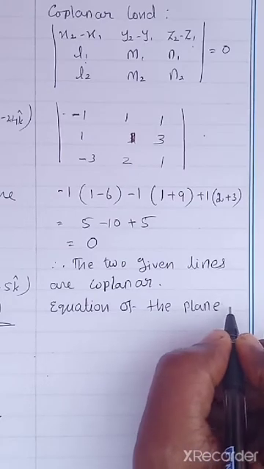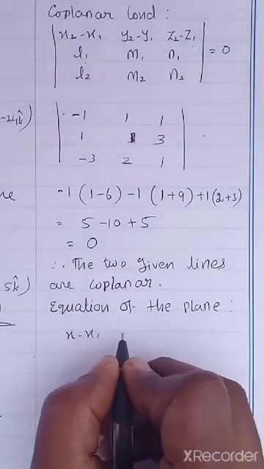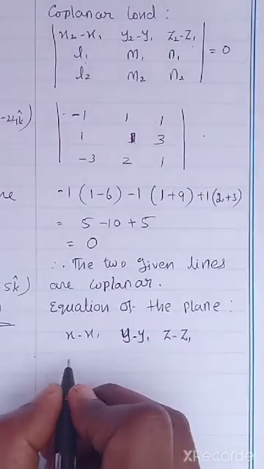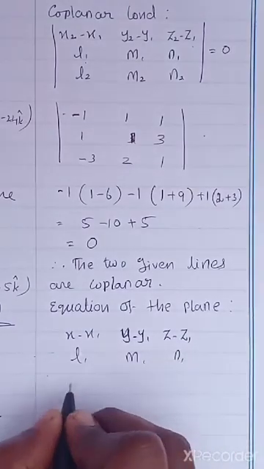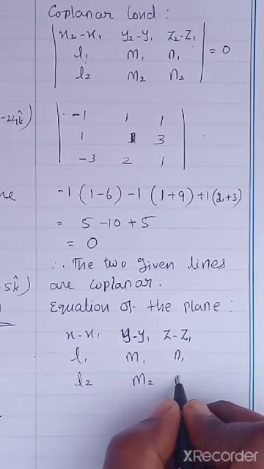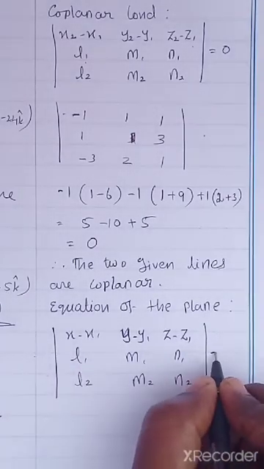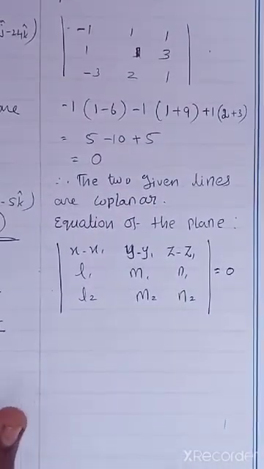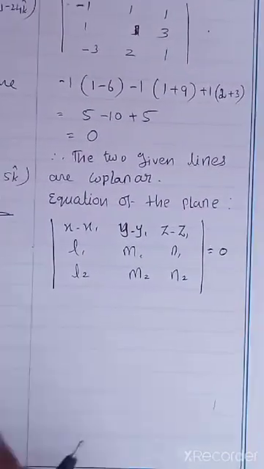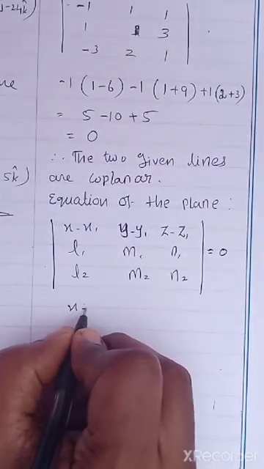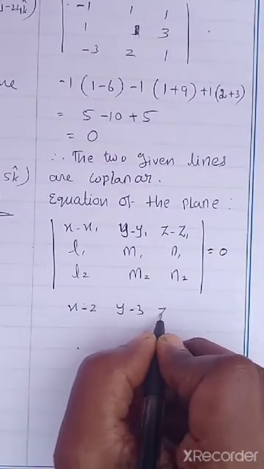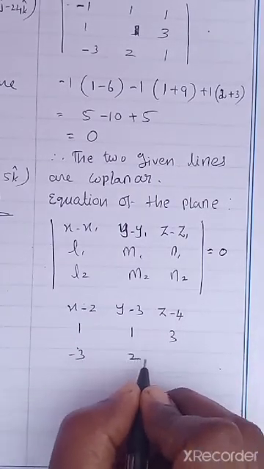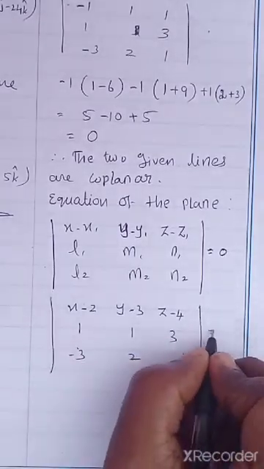The determinant of x minus x1, y minus y1, z minus z1, L1 m1 n1, L2 m2 n2 equals 0. We substitute the values: x minus 2, y minus 3, z minus 4, 1, 1, 3, minus 3, 2, 1, equal to 0.